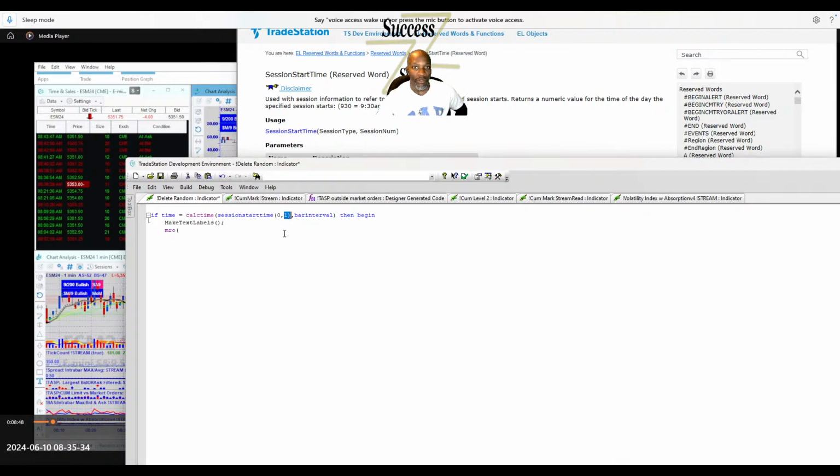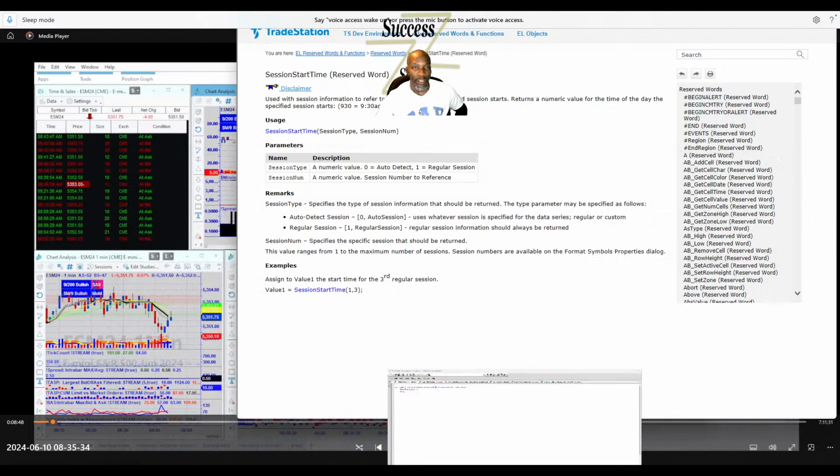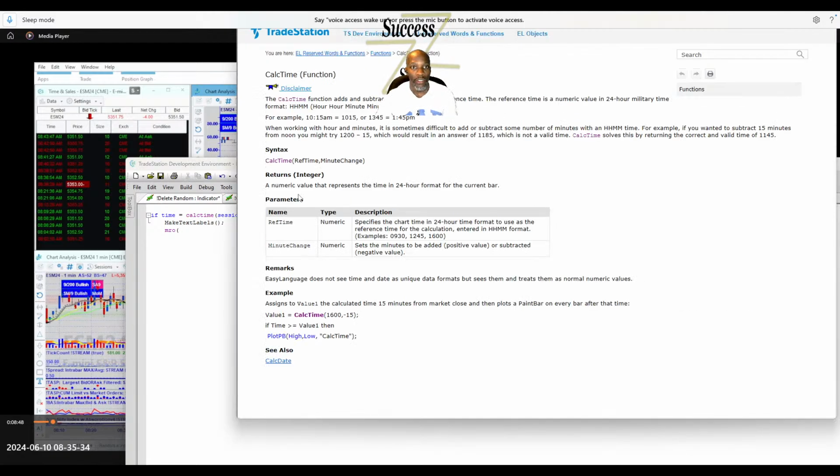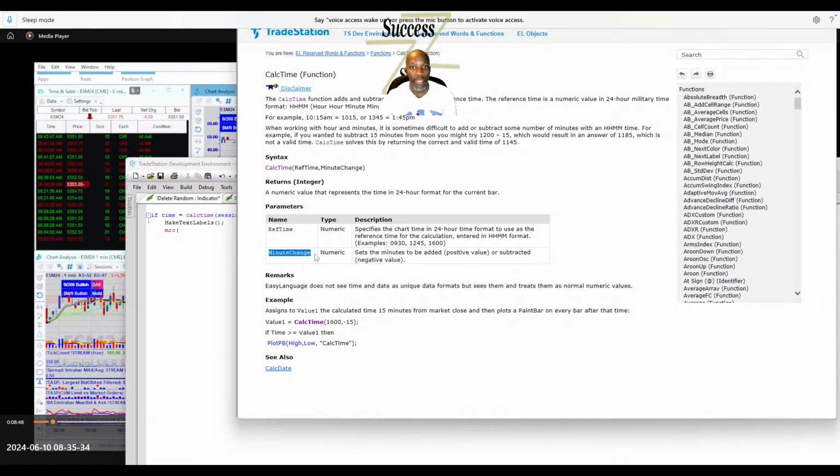So the first regular session would be the first regular session on auto detect. Okay. And then, like I said, CalcTime is reference time plus minute change, the minutes to be added if it's positive, or subtracted if it's negative. All right, that makes sense.